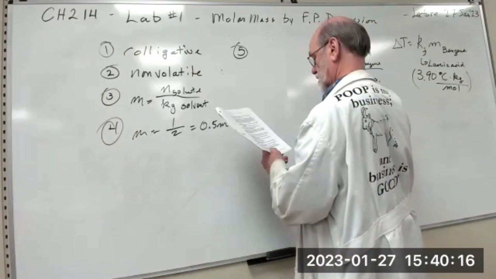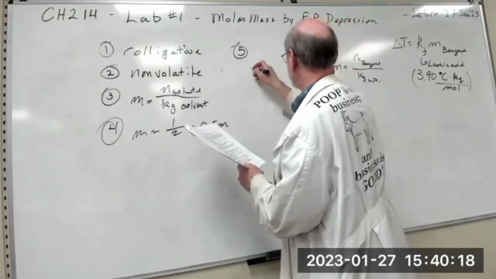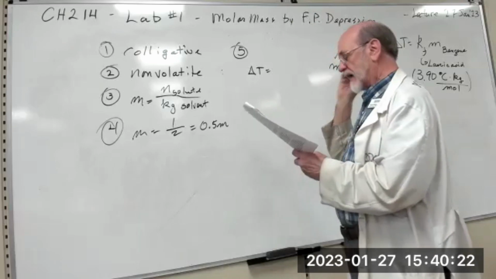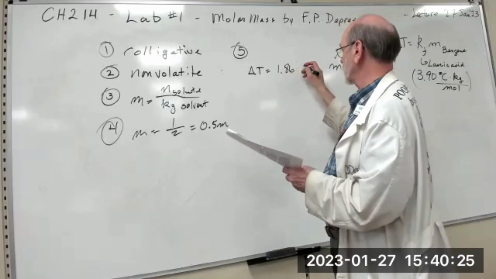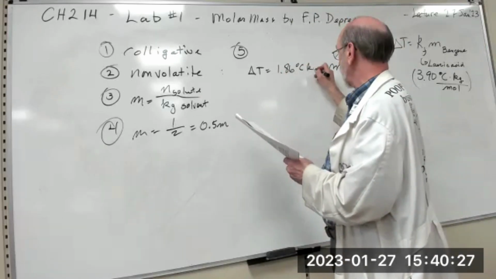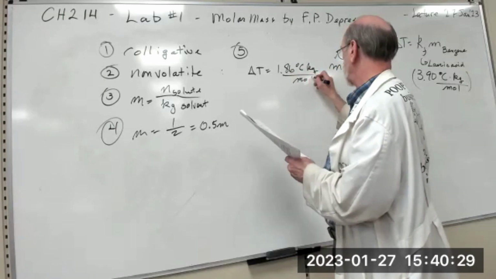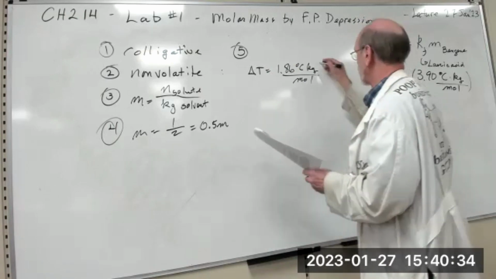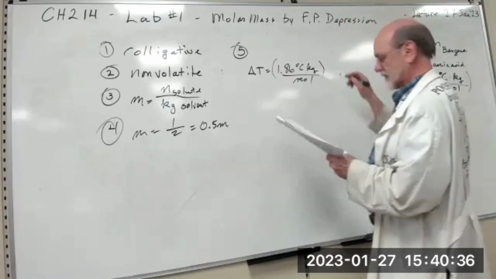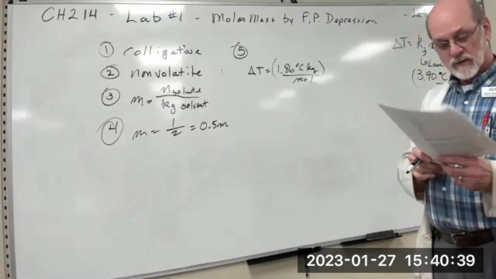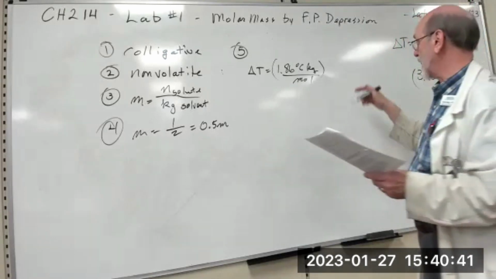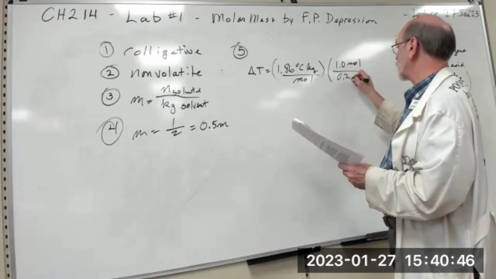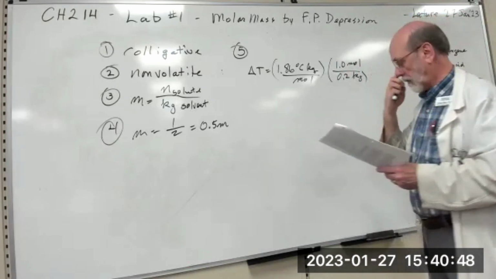So delta T equals the value for water, 1.86 degrees C kilogram per mole, times the molality of this compound, which is 1 mole per 0.2 kilograms. There you go.